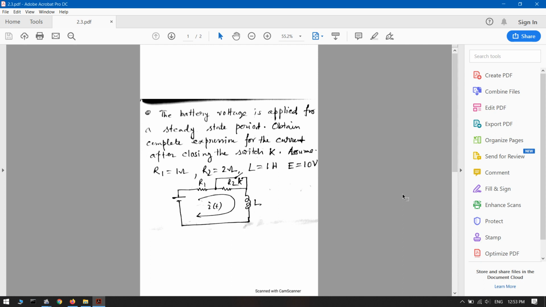So what are you getting? I of S equals 10 by S minus 6.67 by S plus 1.